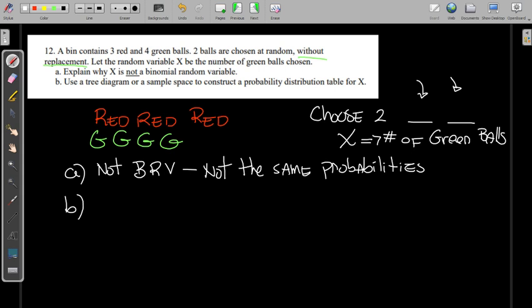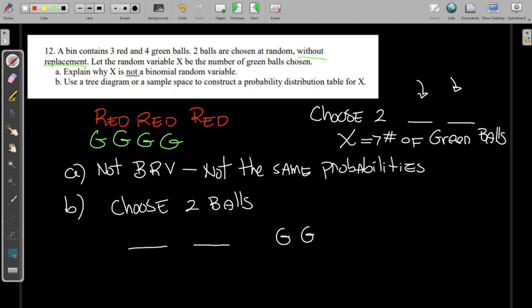B. Use a tree diagram or sample space to construct a probability distribution table. So in the table, we are going to look at the choices that we have. We're going to choose 2 balls, so 1 and 2. You can have, for example, a green and a green.